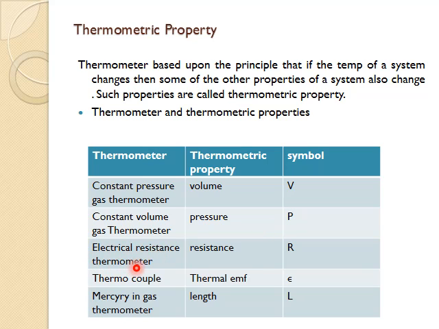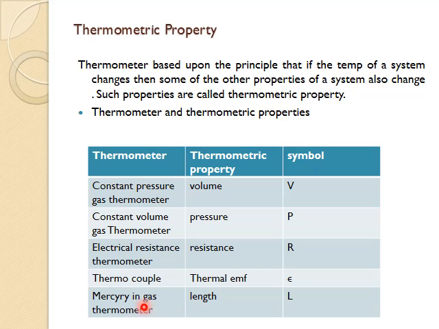In the electrical resistance thermometer, we use the resistance of a particular body as the thermometric property, and hence the change in the resistance will be utilized to measure the temperature. In thermocouples, we use thermal EMF as the thermometric property. The change in this thermal EMF, electromotive force, is used to measure the temperature.